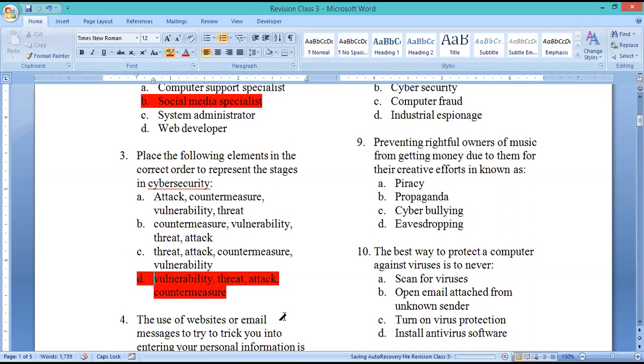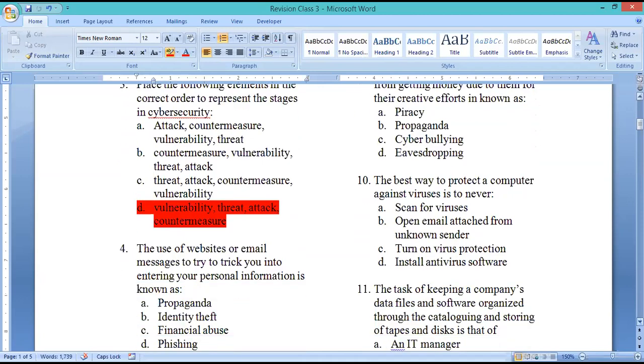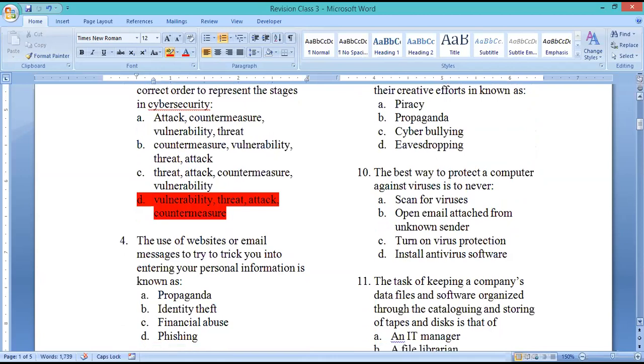Once hackers find out the system is vulnerable, there's a threat posed to the system. Then of course an attack, say a hacker trying to steal information, would be launched, and then the countermeasures would be what the person would do to protect the system. A countermeasure is to counter the problem.